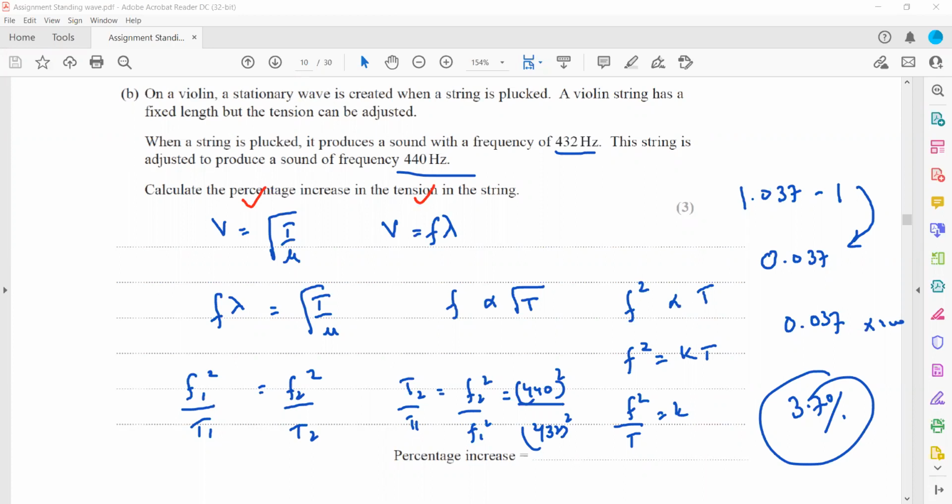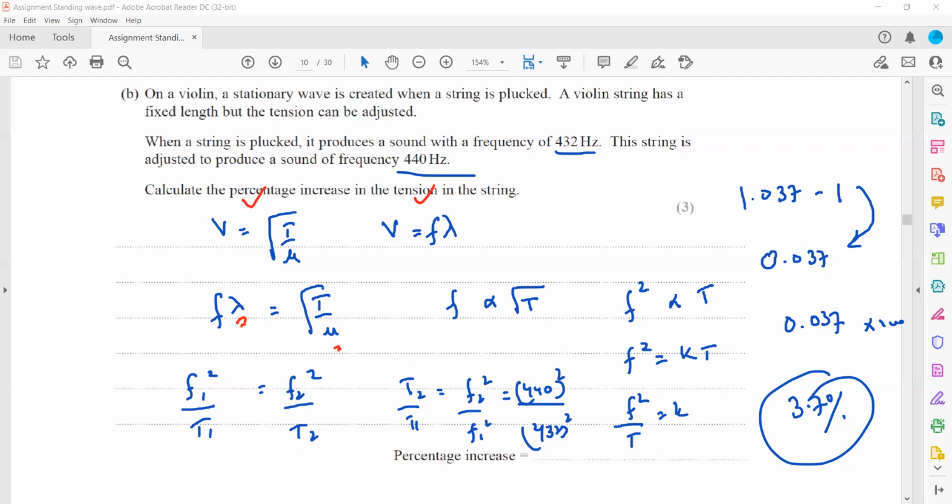Because lambda is not in the question, they did not mention anything about lambda or mu, we are just finding a relation between frequency and tension, so they are directly proportional. So frequency squared is proportional to T, or f1 squared over T1 is equal to f2 squared over T2.